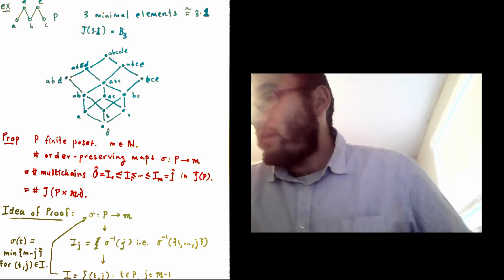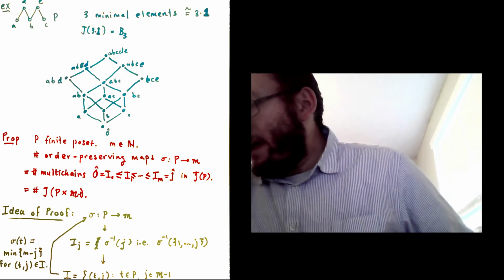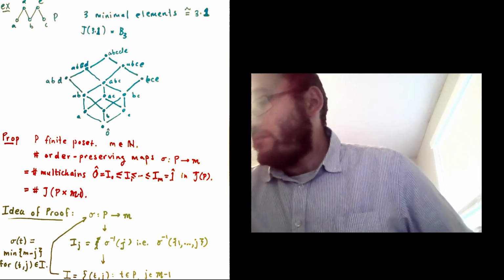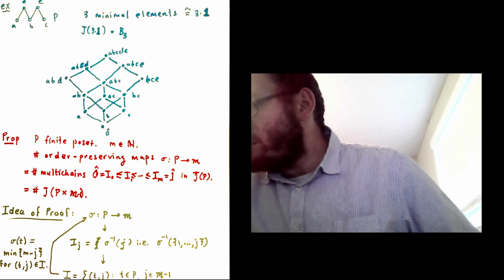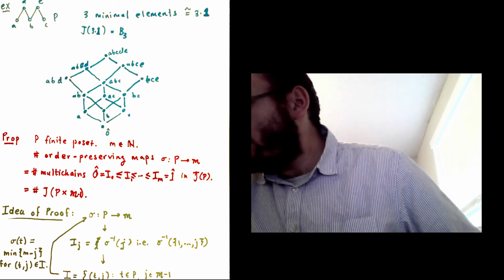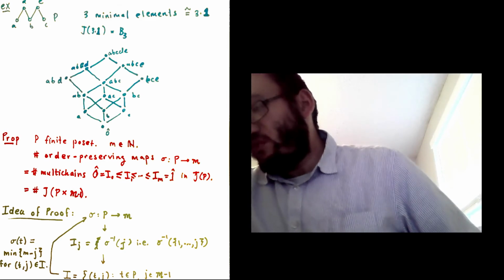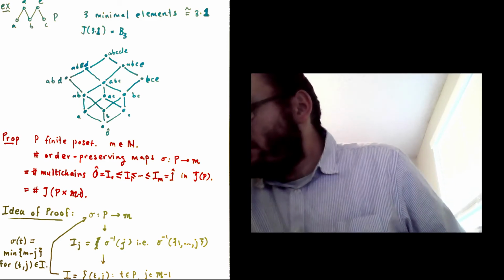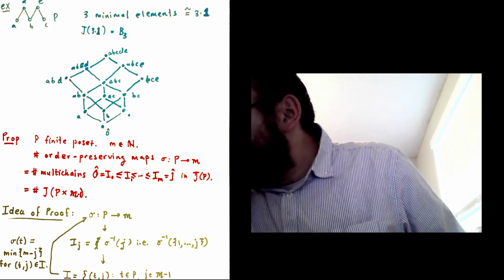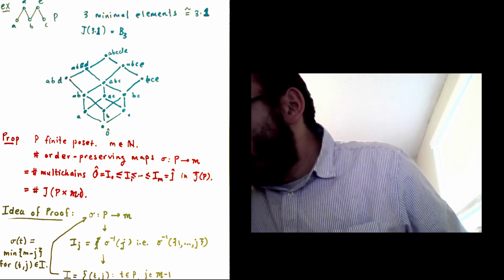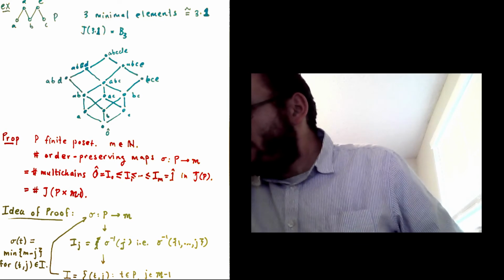Now I have one more element excluded, and that's E, and that's got to be positioned above BC. So E will go here. We also want to take joins of anything above BC. Let me specify that this is BCE. So I'll put this guy here.